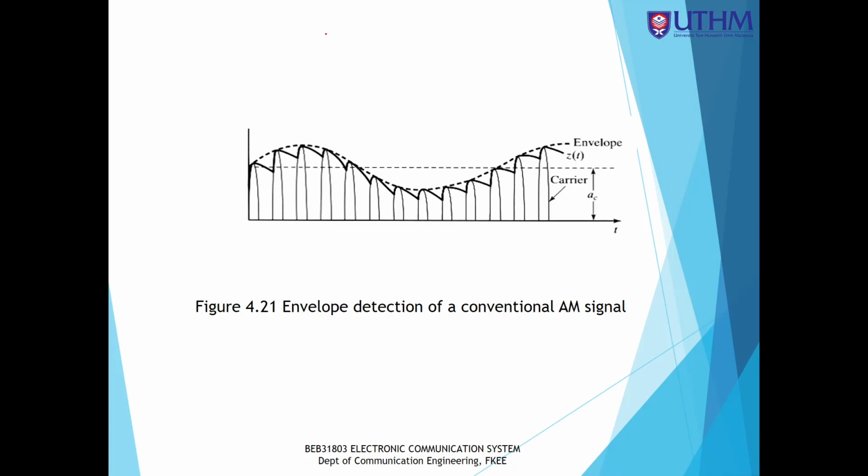So I will show you that here. Maybe I will draw like this. You see that the signal is actually like this. Initially the AM signal consists of the double sideband full carrier signal.